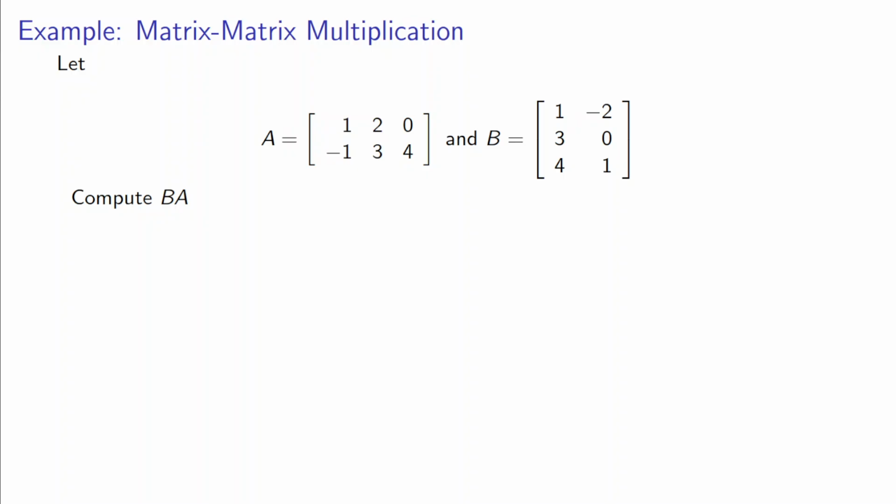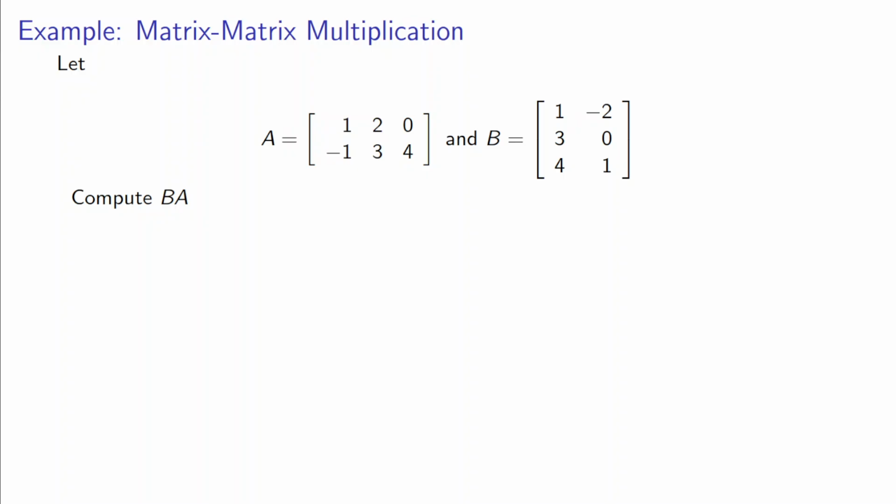Same two matrices here. Let's see if we can compute BA, just as more practice, and also to see if our standard concept of commutativity holds. This is the idea that in real numbers and in a lot of other types of mathematical objects, when we multiply two objects together, it doesn't really matter what order we do it in.